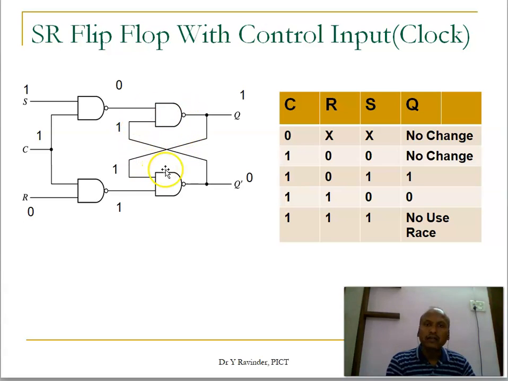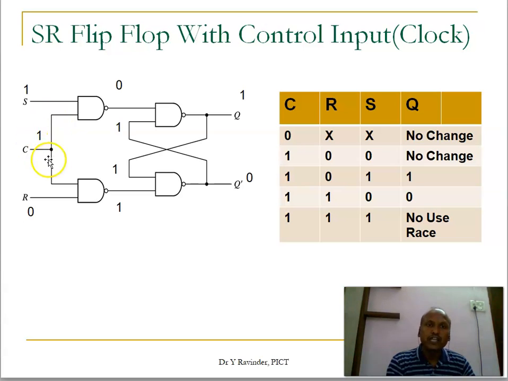The construction is almost the same, but here they are replaced by NAND gates. But the inputs are not directly fed from R and S. R and S go through another NAND gate, and this NAND gate, but there will be another control input. This is called an enable or disable pin, or a clock or a control input.